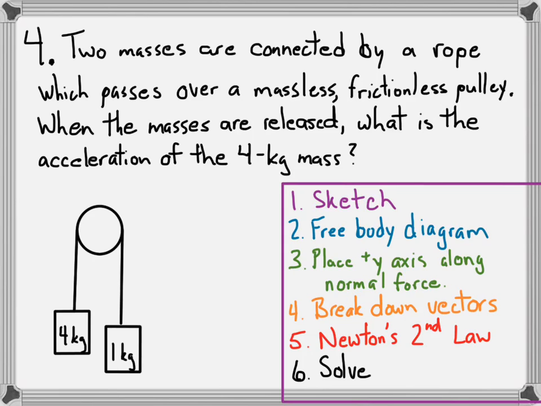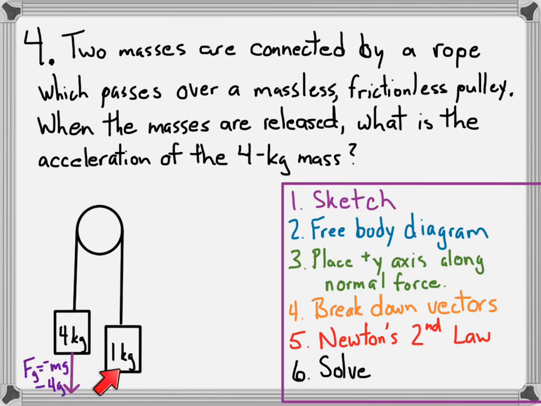Let's start off with a sketch here. I've already begun with the pulley and the masses, but let's actually draw the forces on here. So we have gravitational force pulling this one down, and that gravitational force is -4 times g.